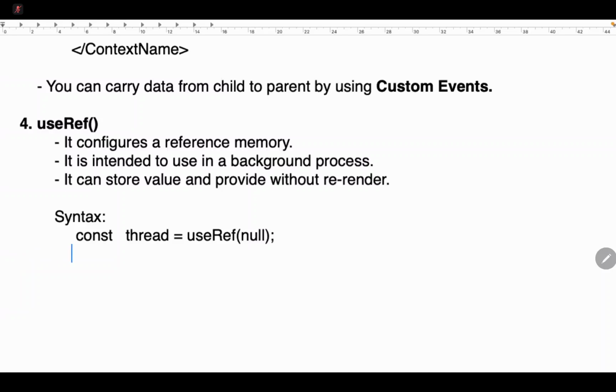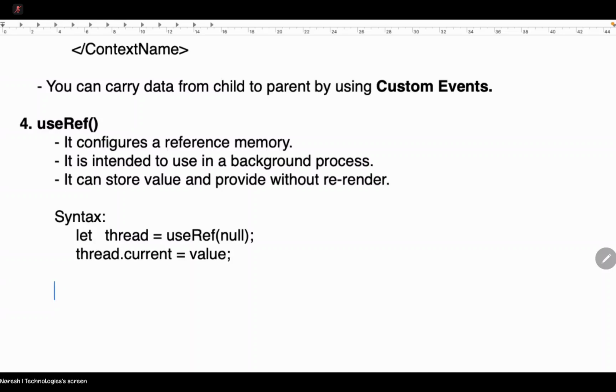Actually you can't use constant, so better always use let. Why? Because we need to assign thread.current equal to some value. If it is a constant, it will not allow assignments. So it can have a value or it can have a function. You can store anything inside.